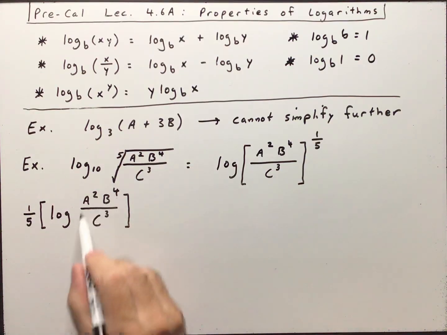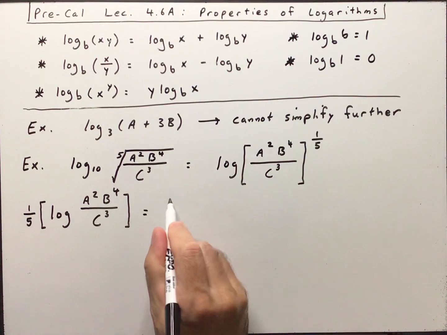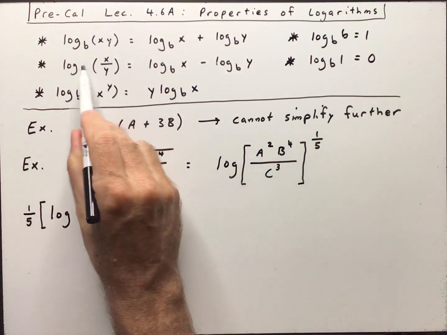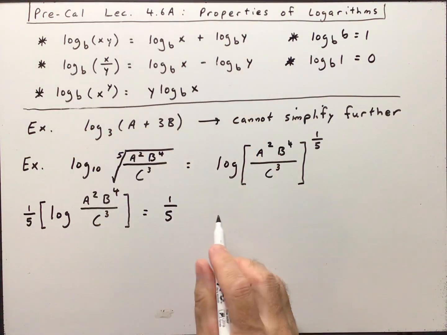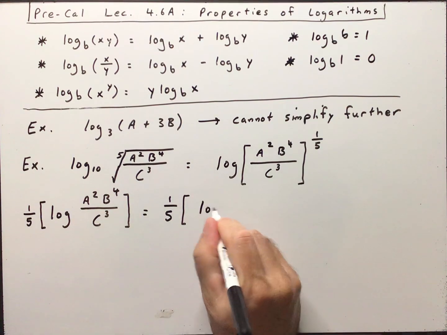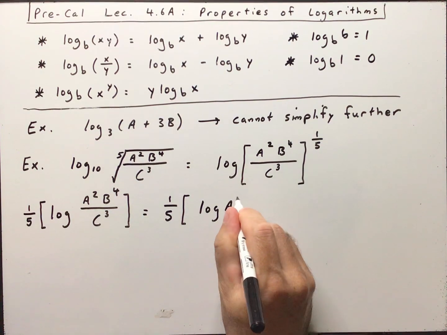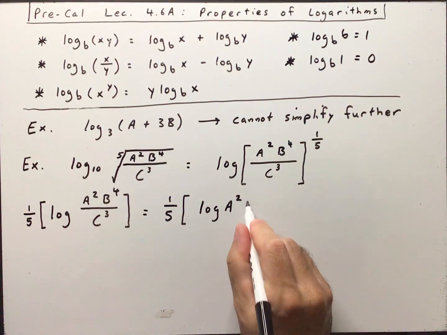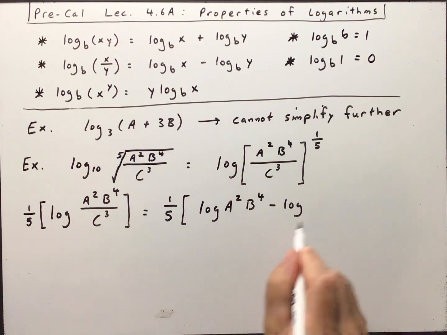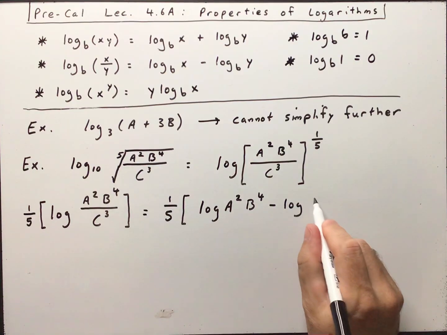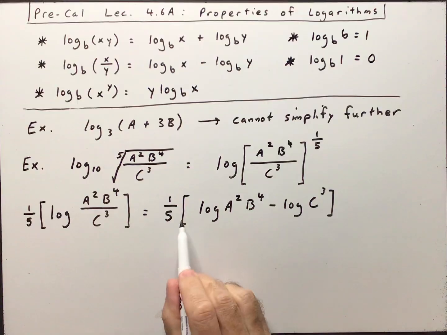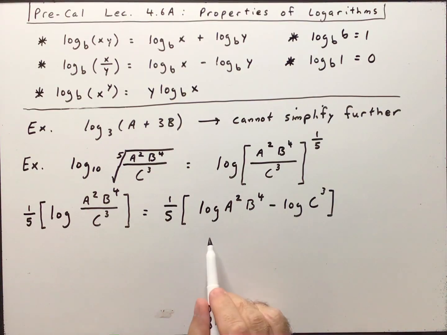Now this is a quotient. Now, I'm not going to do anything with the 1/5 yet, but I'm going to use this quotient rule, number 2. I'm going to keep using the brackets. This would be log a squared b to the 4th minus log, again it's base 10, of c cubed. I'm going to wait till the very end to distribute that 1/5.